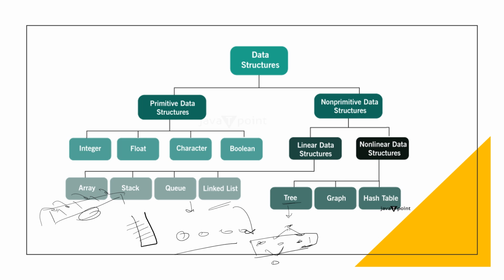Then we have graphs. Graphs are basically connections of data. So these are the points, and then they are connected by some sort of information. And hash tables we'll be seeing later on in the video. So these are the basic data structures that we'll be seeing later on.